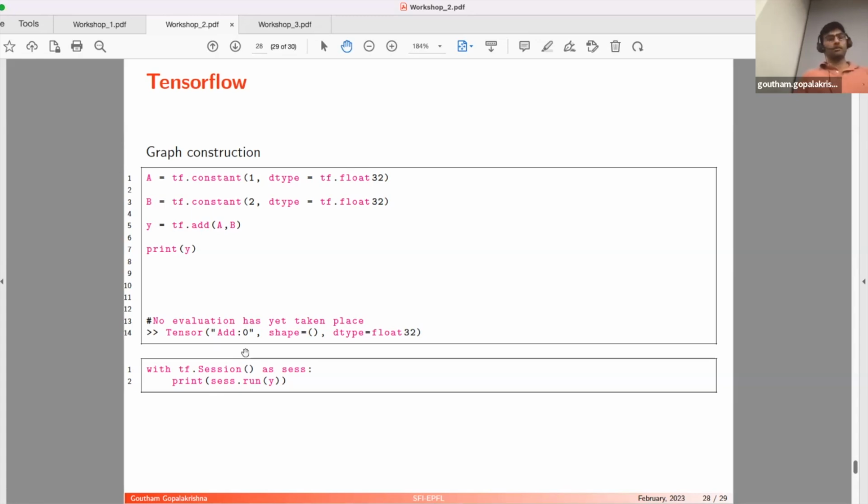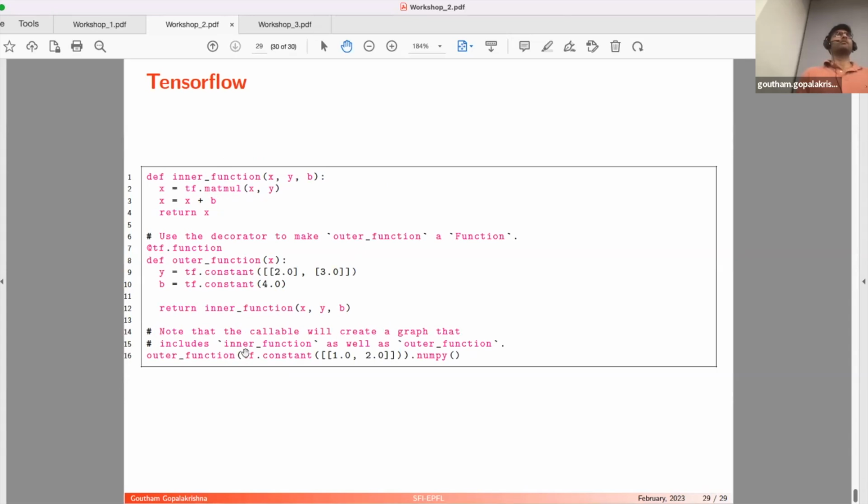TensorFlow 2 is better because it works like this, because you're going to use the decorator that I showed you earlier. For example, let's say you have some inner function that basically takes in three inputs x, y, and b, and you do the aggregation here. This is the aggregation part before activation is applied.